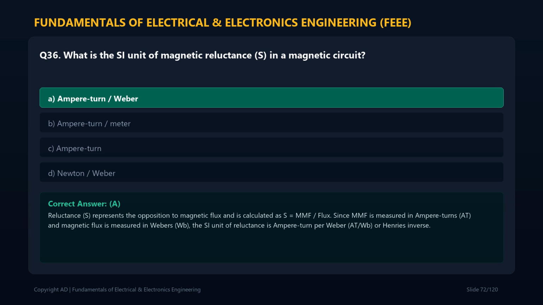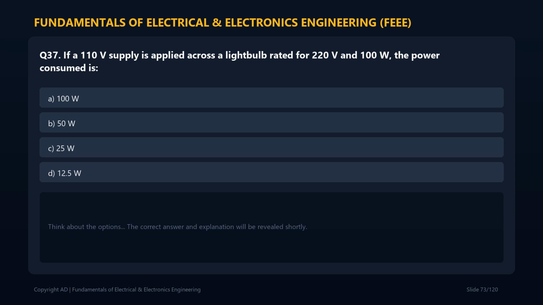Question 37. If a 110-volt supply is applied across a light bulb rated for 220 volts and 100 watts, the power consumed is: option A, 100 watts; option B, 50 watts; option C, 25 watts; option D, 12.5 watts.